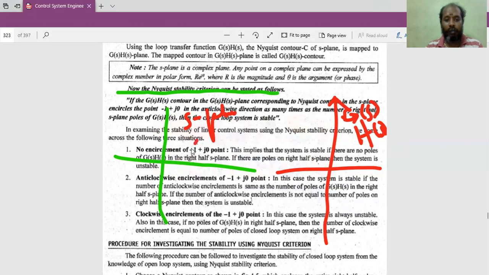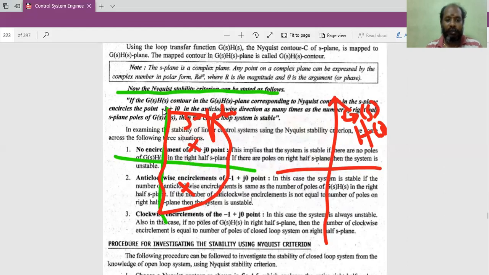Let us say you have two poles in the right half side, and you are taking the entire right half side, so you are enclosing two poles in the right half side.